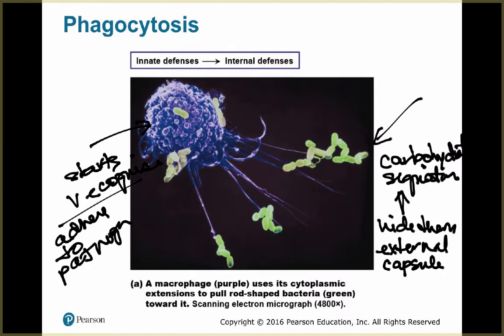It's the idea of Little Red Riding Hood, if you know that story, right? And the wolf is bad, and so the wolf basically dresses up like grandma so she doesn't know. He puts stuff over him to cloak him so she doesn't realize that he is truly a bad guy. And so bacteria can do this using these external capsules. And so we have to be careful about that, or the body does, to try to figure those out.